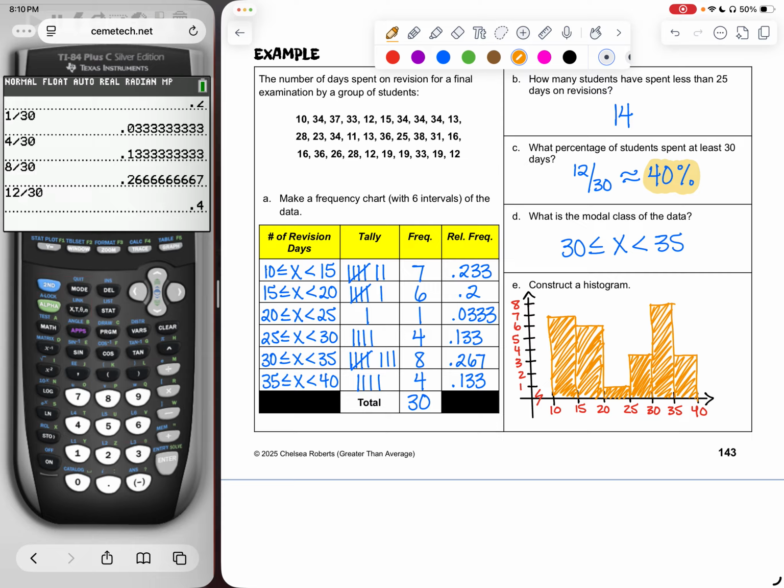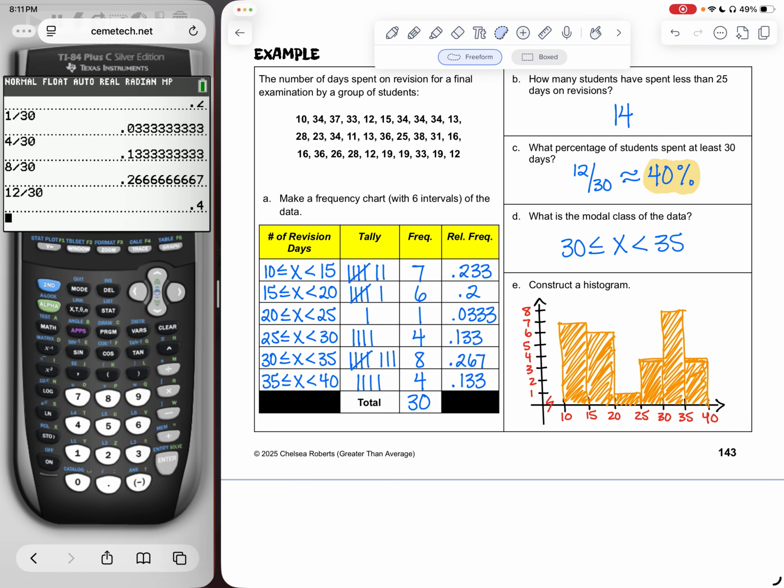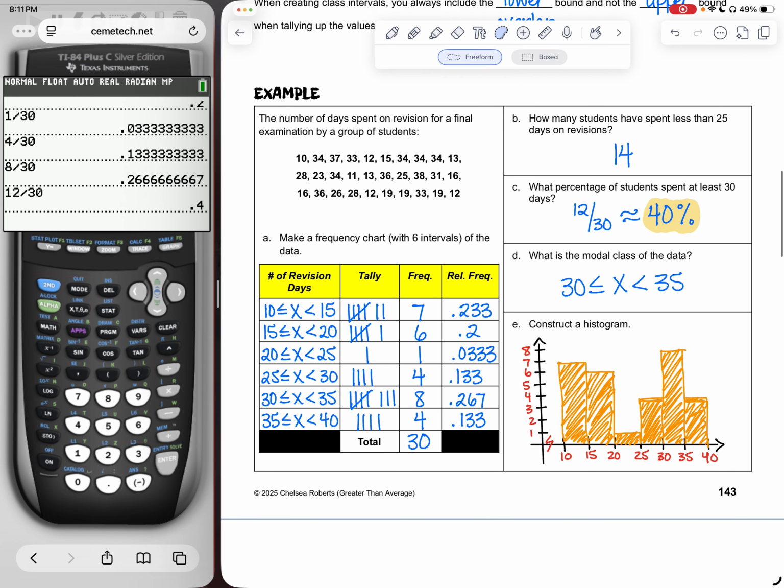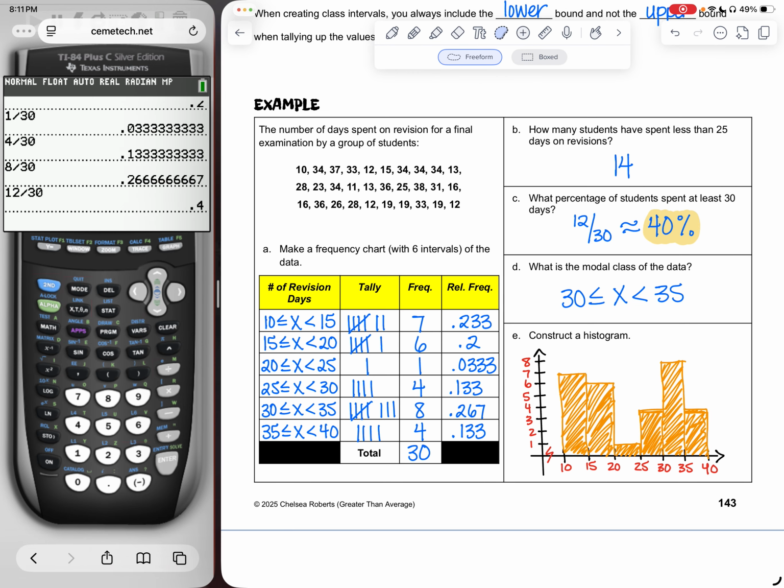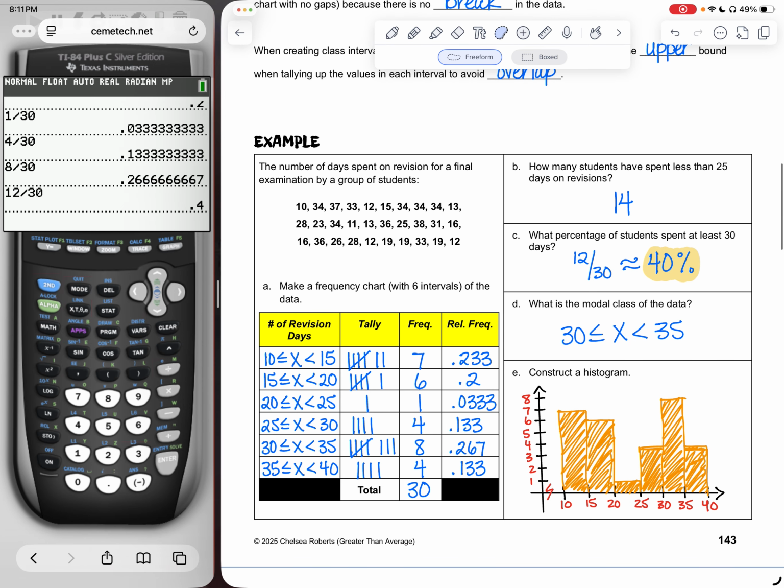And remember, the numbers may not be exact. However, we can pretty much estimate to make sure our bars go up as high as possible. So this is how you would draw your histogram when you have continuous data or continuous group data.